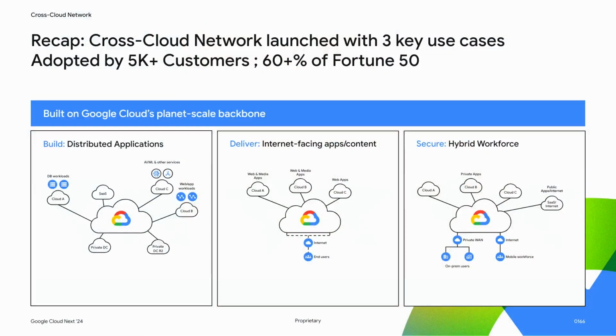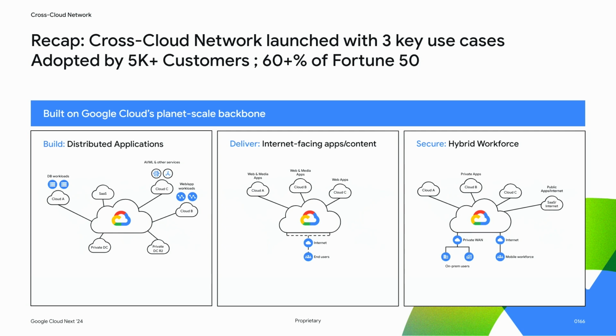So, just a quick recap, we launched Cross-Cloud Network last year with three key use cases. Number one was building distributed applications across multiple clouds. We believe our customers have presence in a lot of clouds, and our goal is to make their journey to cloud simpler, and we're going to talk a little bit about that.